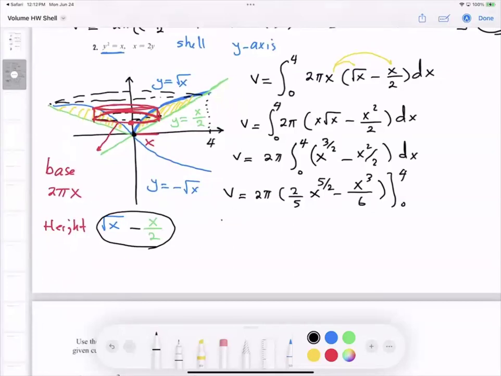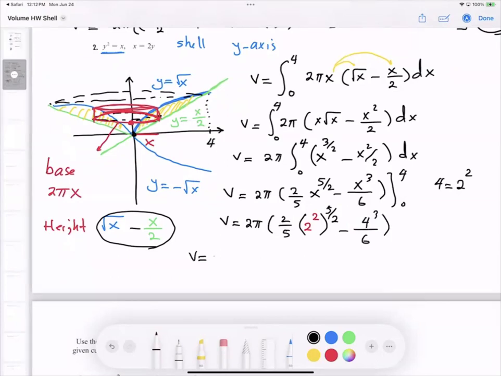So the volume is equal to 2 pi times 2/5, and instead of 4, I'm going to write down 2 squared because it makes it easier for me to simplify this. 2 squared to 5 divided by 2 minus, here just write it as 4 to the third divided by 6.